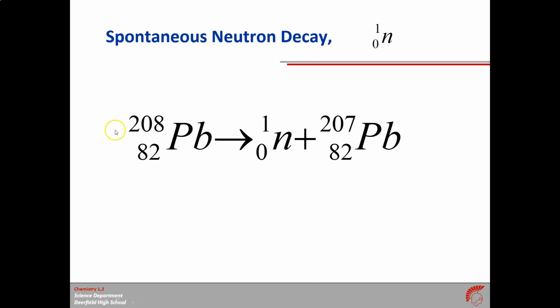Loses a neutron, gains a proton. Here, we're just losing a neutron. So the element doesn't change, but the isotope of the element changes.